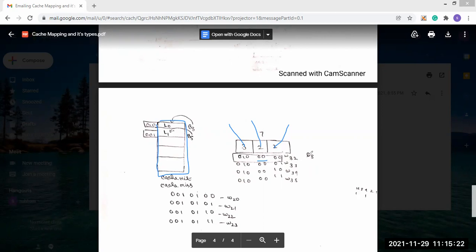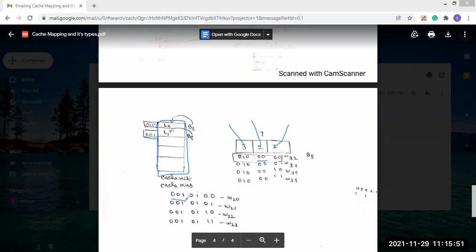So block number 8 will be present at that particular moment in line number 0, and its tag is 010. In the same way, if we have to find which block is present at that moment in line number 1, the tag mentioned is 001.